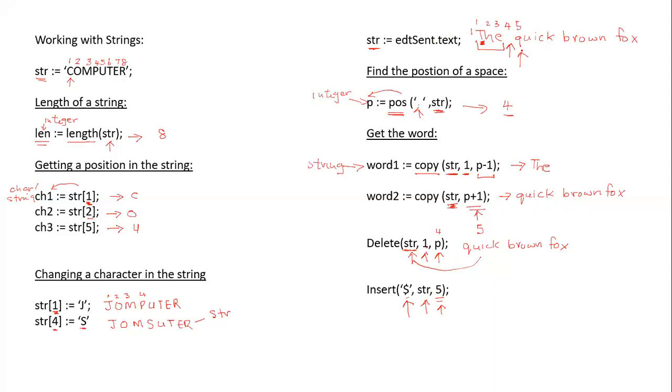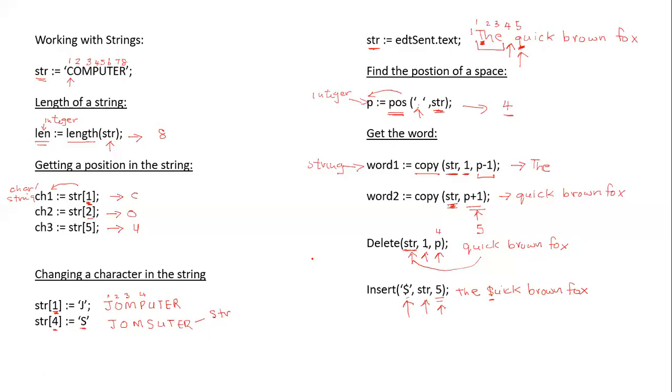Position 5 is Q. It then means that our string str will be 'the $uick brown fox'. So the Q is replaced with a dollar.